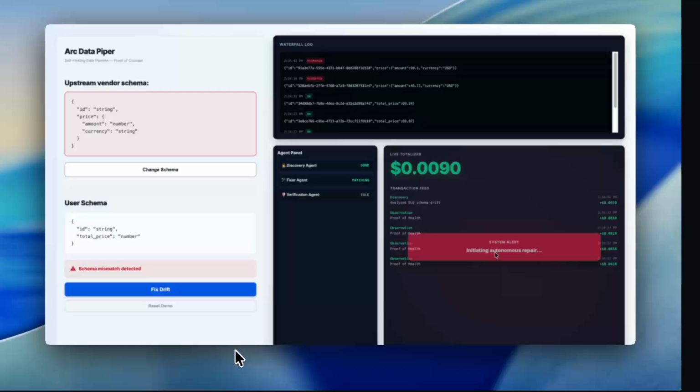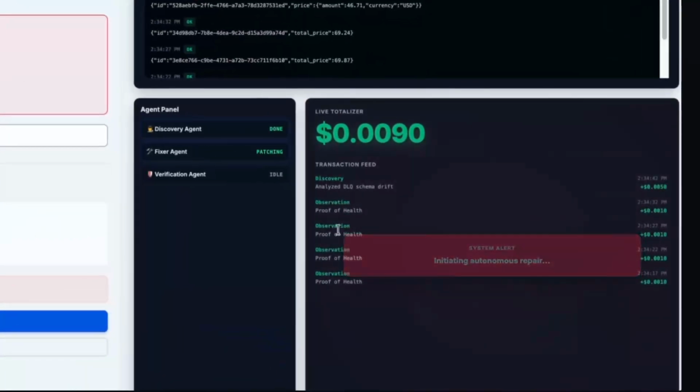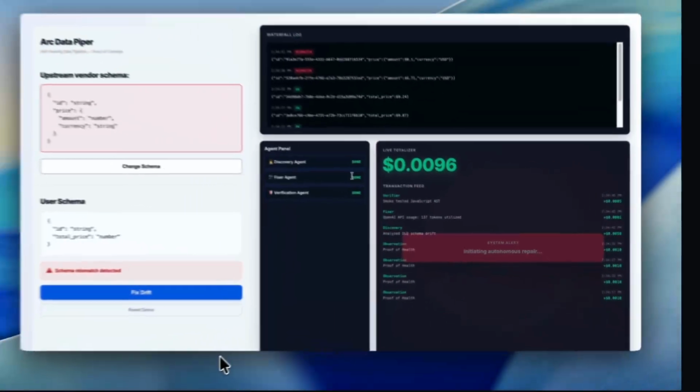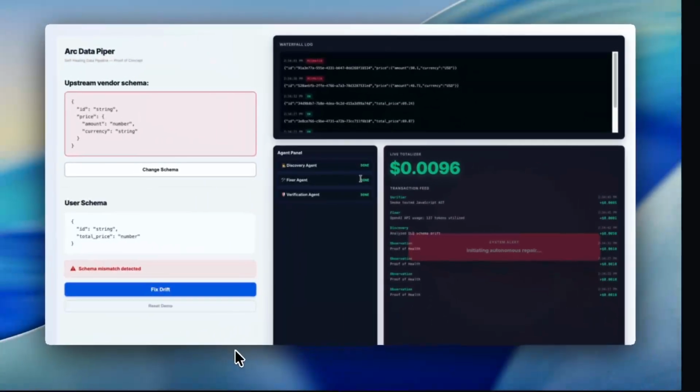What happens next is the fixer agent initiates a patch to fix any possible schema mismatches that occur. If you look closely, even once the fixer agent is done, it does not get billed because in our economy, we only pay the fixer agent every time it fixes a problem and not every time it tries to fix.